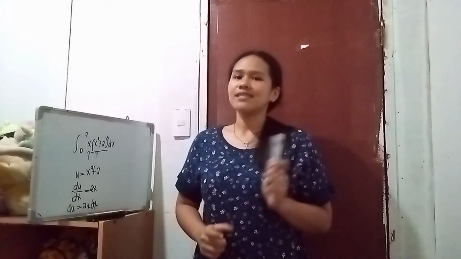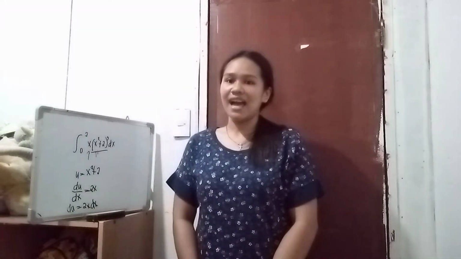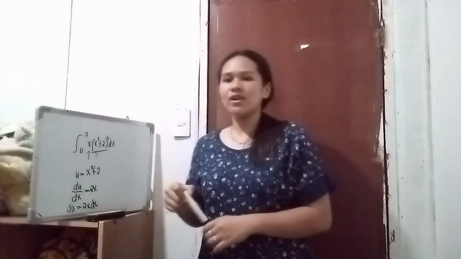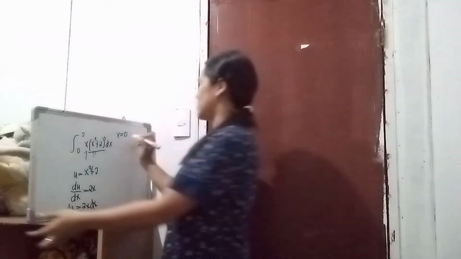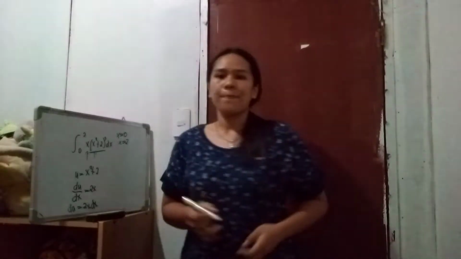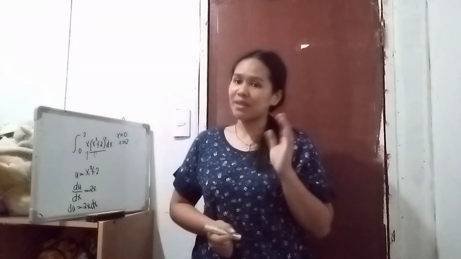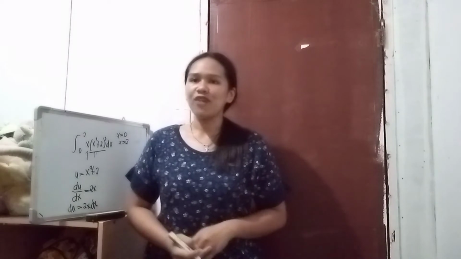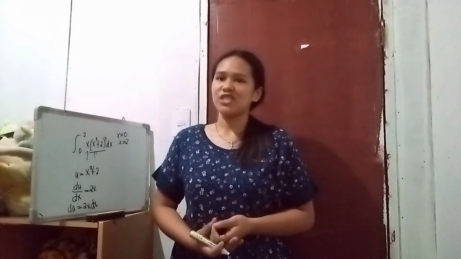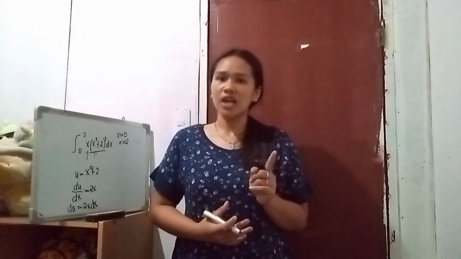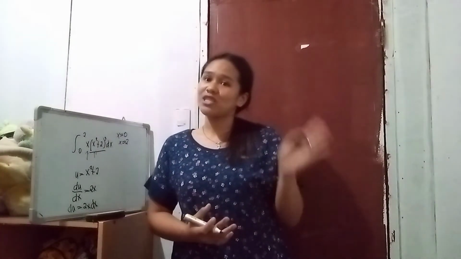So let's take our original integral, from x equals 0 to x equals 2, of u cubed times 1 half du. We can integrate that: bring the 1 half out front, and the integral of u cubed is u to the fourth over 4, evaluated from x equals 0 to x equals 2.